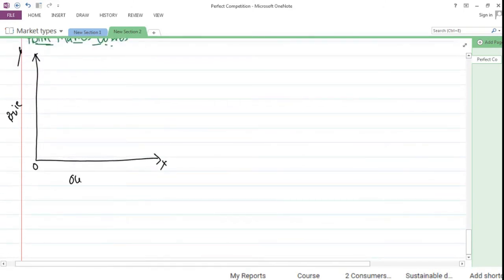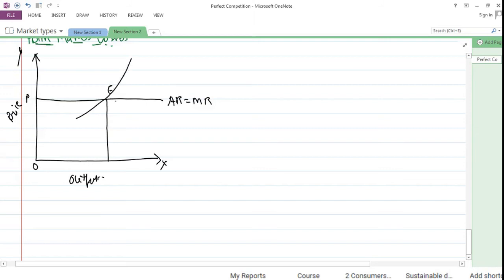Now here the price is determined at, for example, this level, wherein AR is equal to MR, and the price is decided here. The output which is produced is this. This is the equilibrium point because the marginal cost curve cuts the marginal revenue from below.